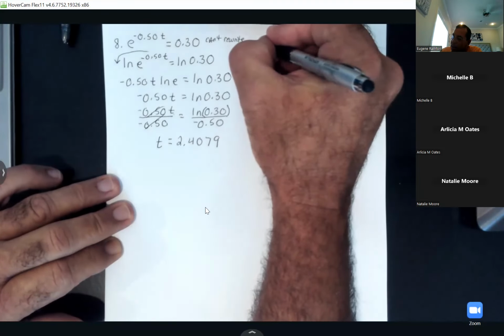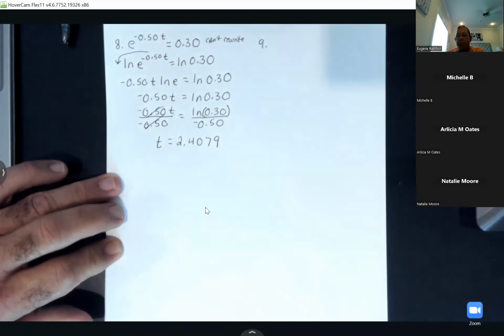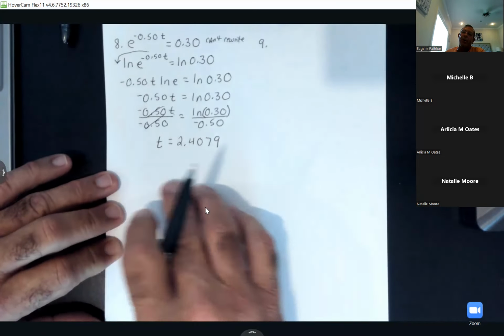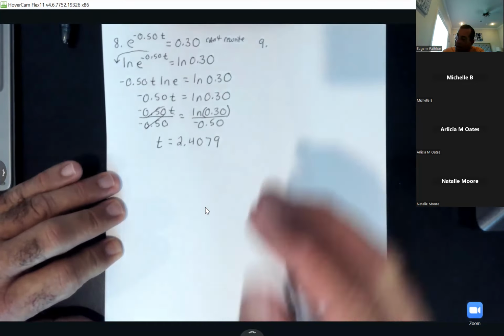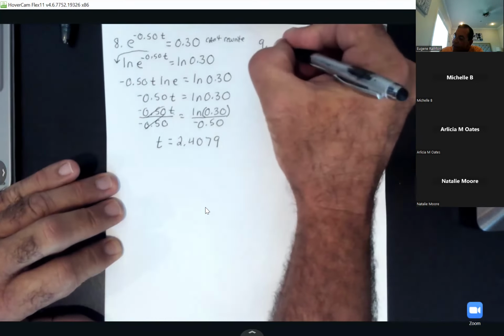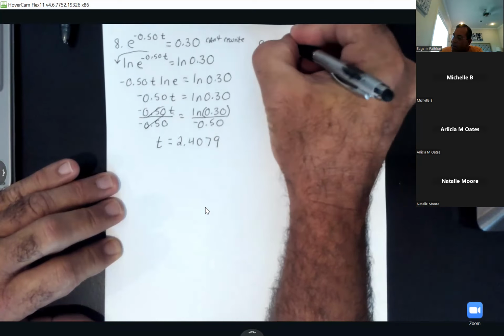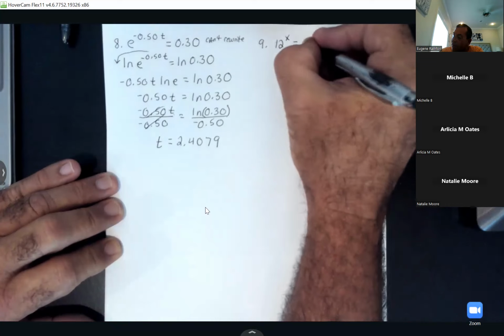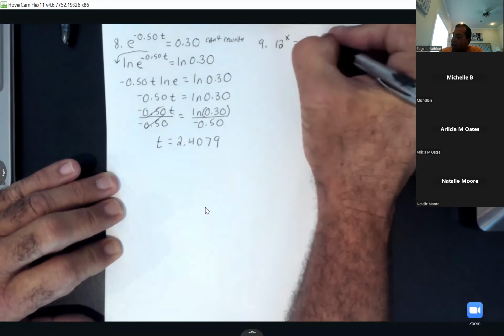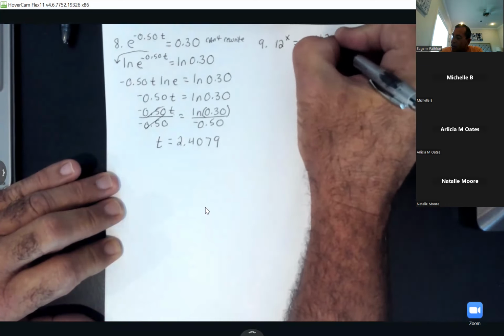All right, y'all. So guess what? One more exponential, and then we're going to do the logarithmic, okay? Ooh, but let me see what they gave us. They gave us 12 to the x equals 4 to the x plus 2.